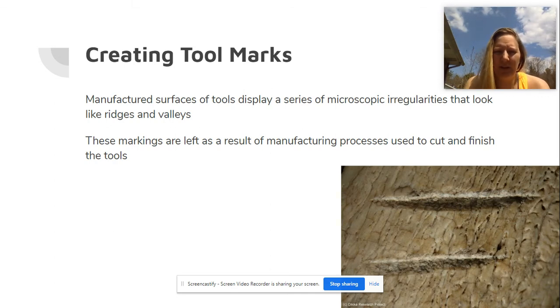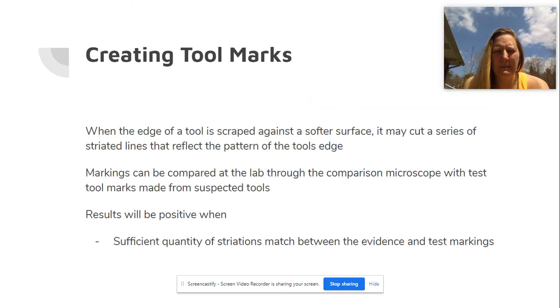These tool marks are left as a result of the manufacturing process itself and are used to cut and finish tools. And you need to pay attention to the type of surface that the tool mark has been cut into, because you want to find similar surfaces when you are recreating your tool marks.